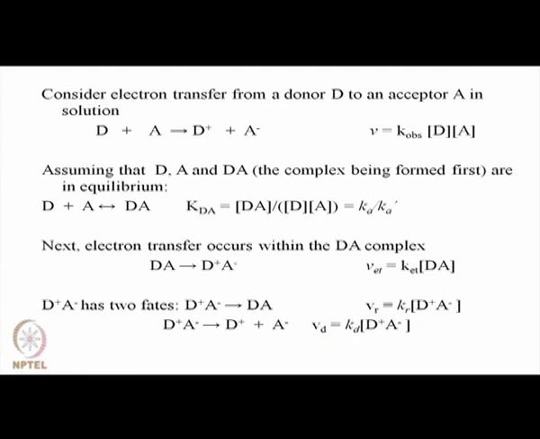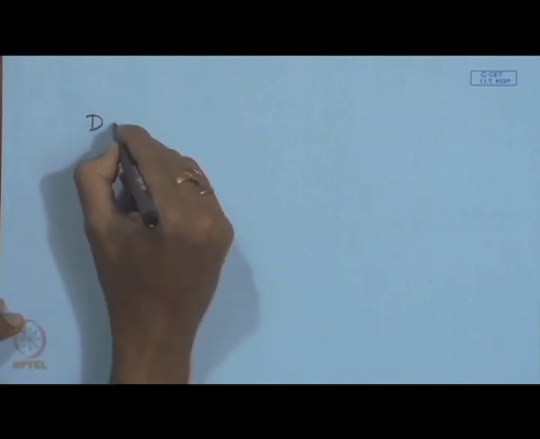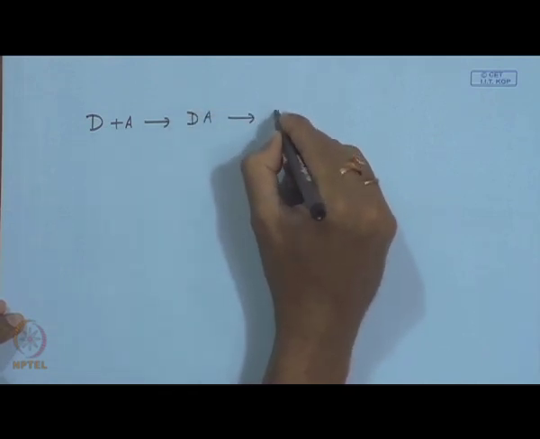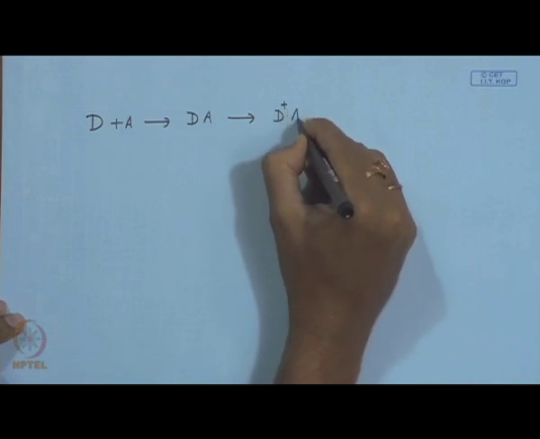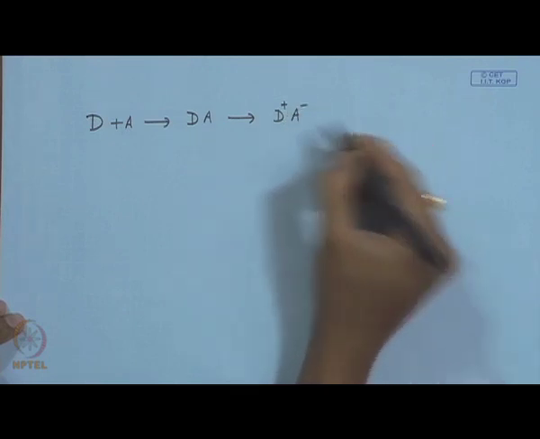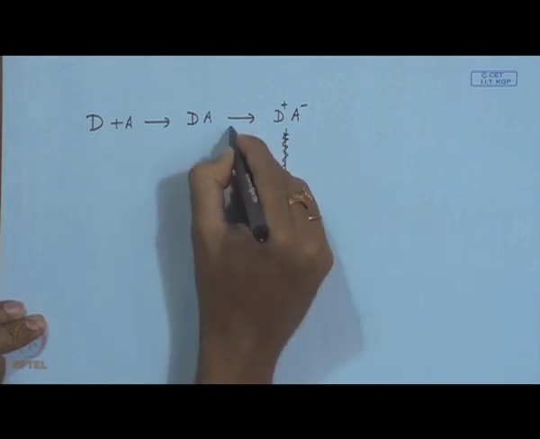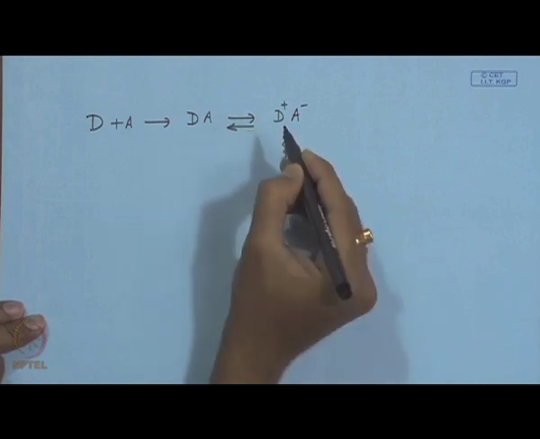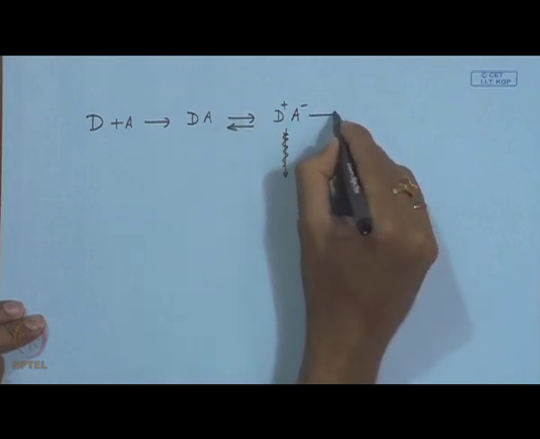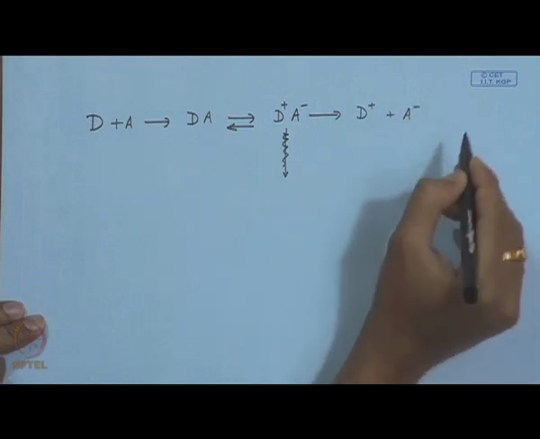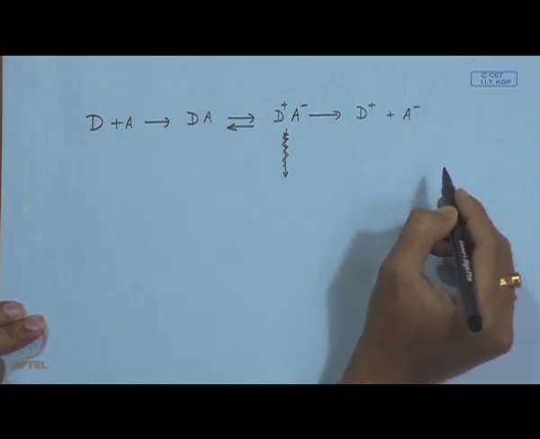So, like this: D plus A gives dA, then D plus A minus, which has got two options, or maybe I can write like this, reverse electron transfer, or D plus plus A minus separated. Okay.